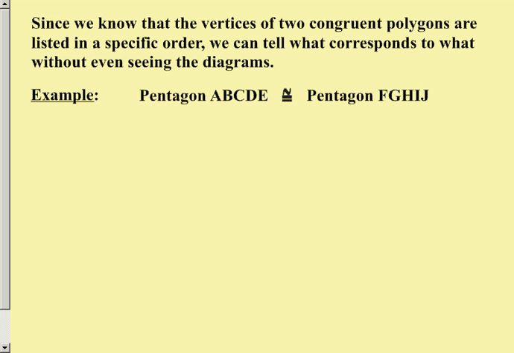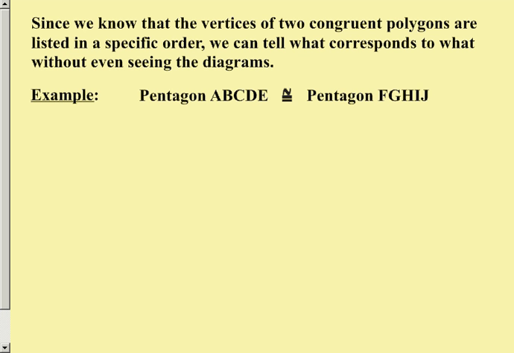Okay. Now, everything that we really need to know about what corresponds to what from pentagon ABCDE to pentagon FGHIJ is established for us in the names of these polygons, because we know that the first vertex that is listed, A, would correspond to the first vertex listed, F. The same thing would be true for the side lengths.